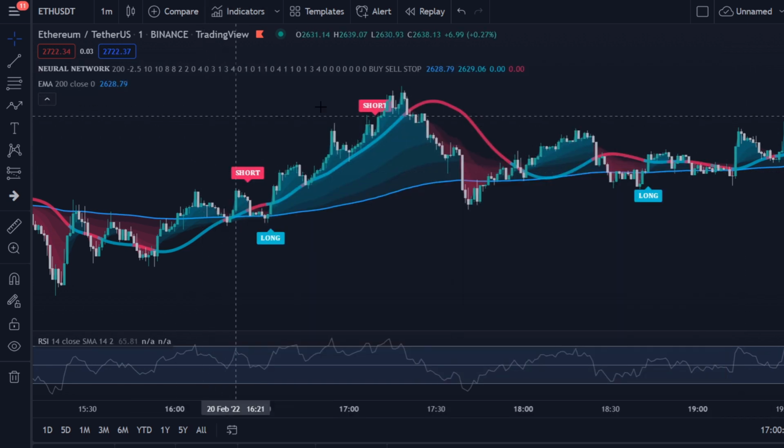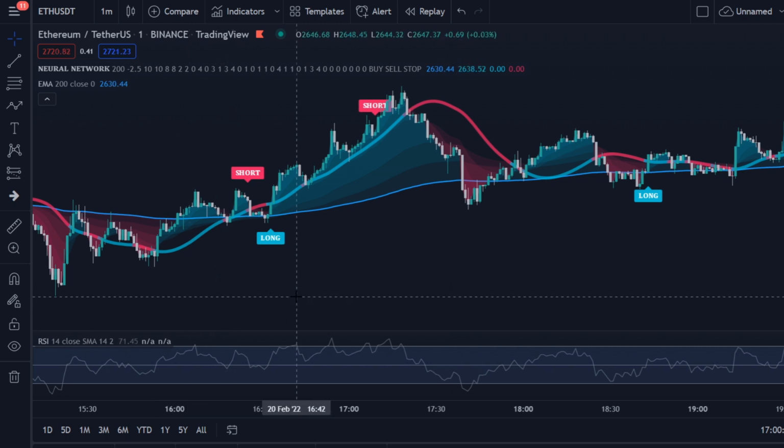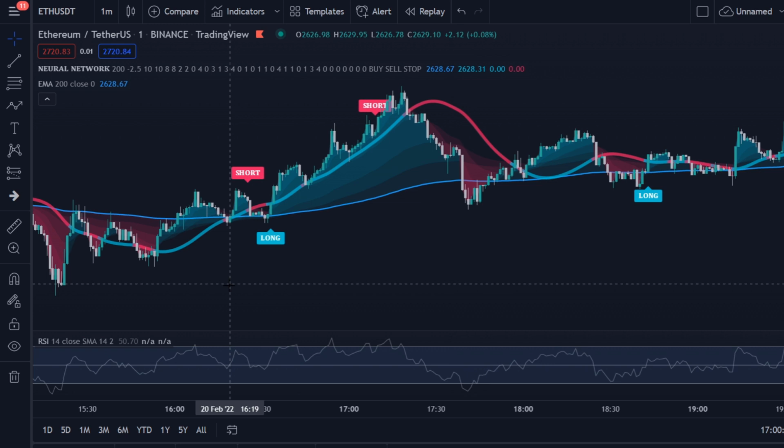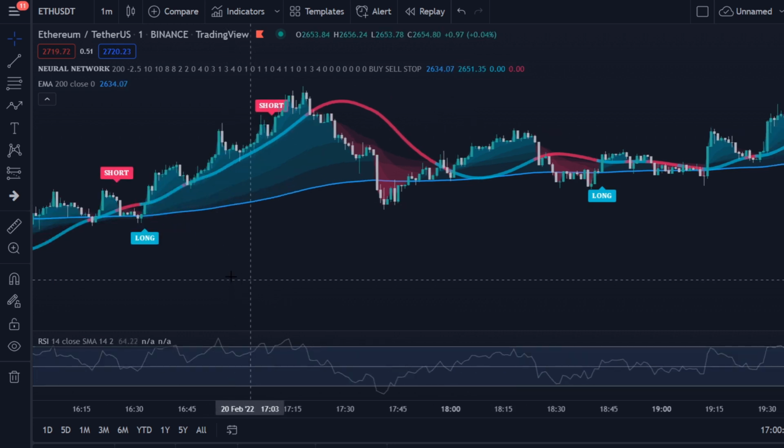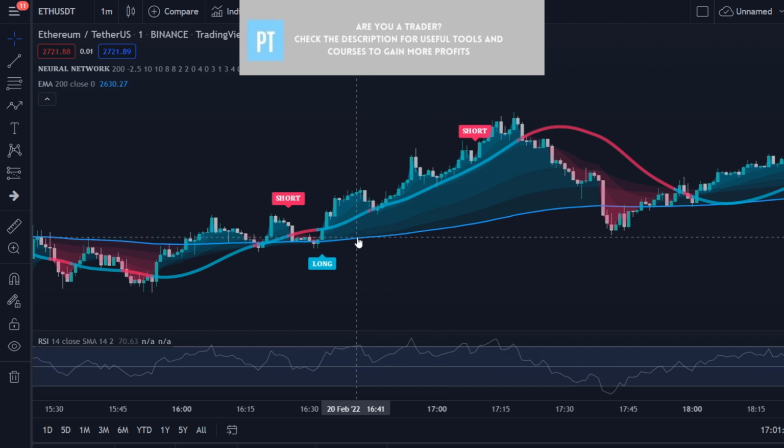We have 3 indicators. You can use the RSI. It mainly acts as a confirmation. This would slightly increase your win rate, but this would also sometimes result in you missing a nice trade. So it's totally up to you if you want to use it or not. In order to take a buy trade, we need the price to be above the 200 exponential moving average.